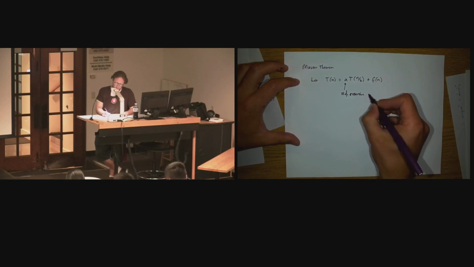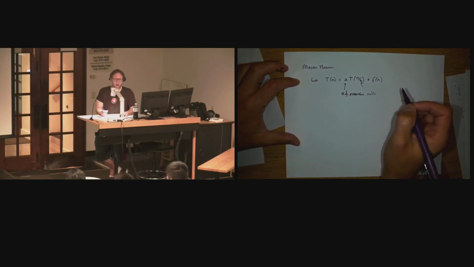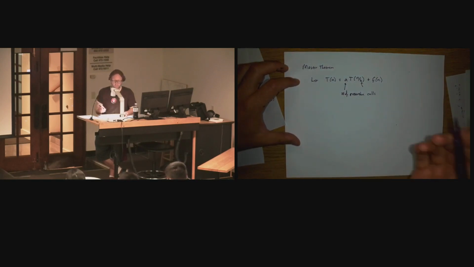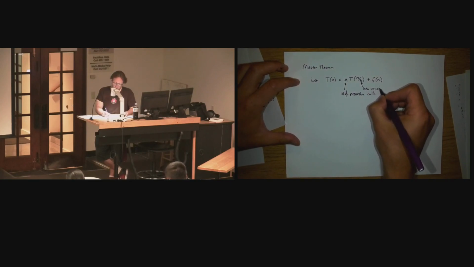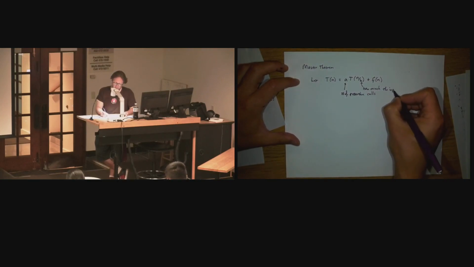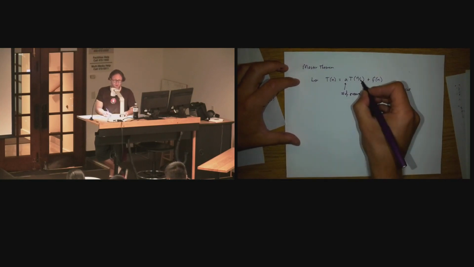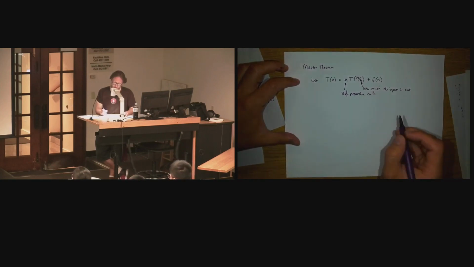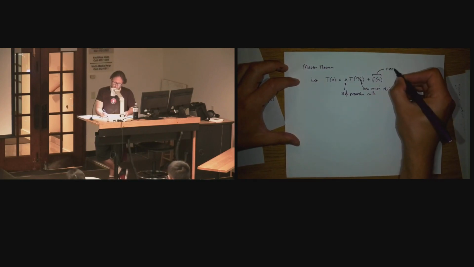And b represents how you're cutting the input size down, how much the input is cut. So in this case, it's going to be 2. We're cutting it in half. If you cut it into thirds or tenths, then b would be different. And f of n is capturing the non-recursive work.